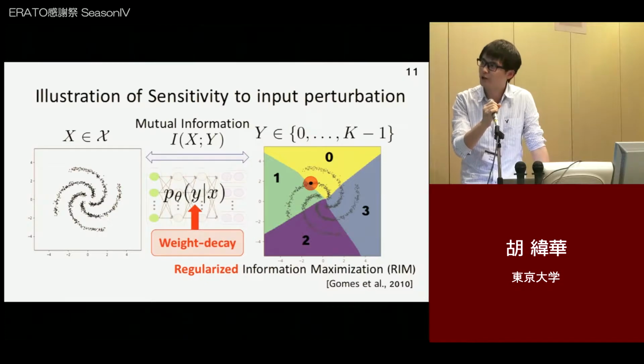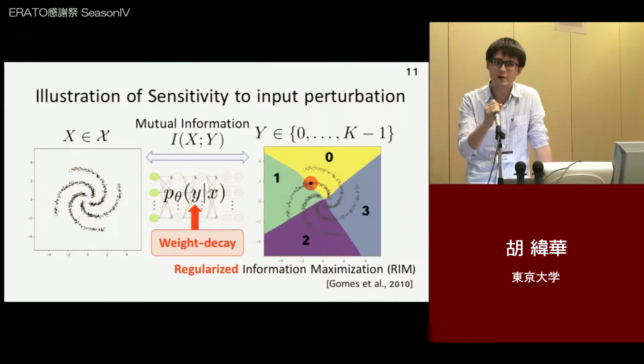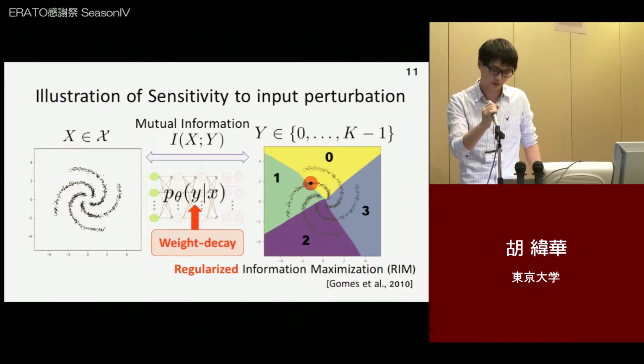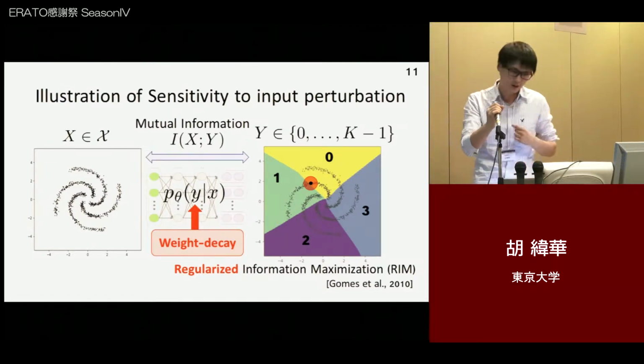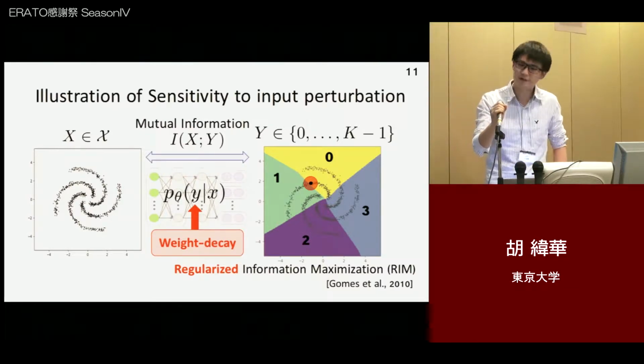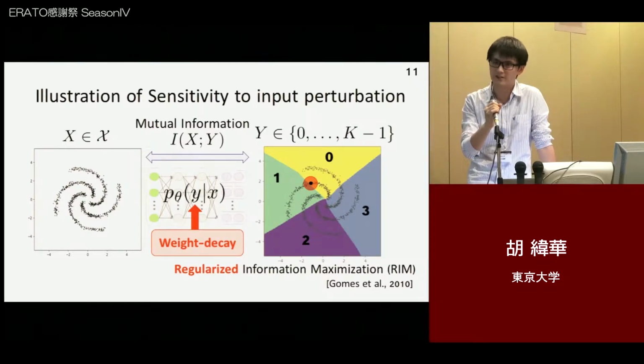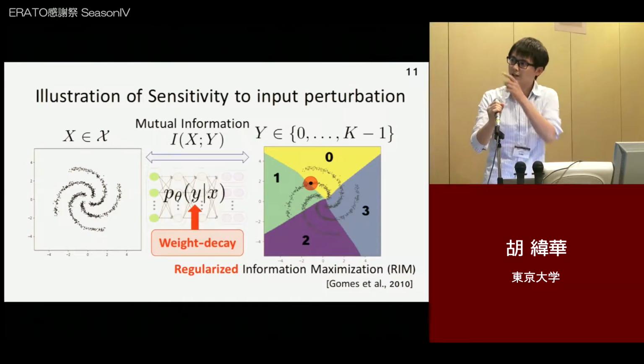And in the original work, the weight decay regularization was used. So it's basically an L2 regularization on the parameters of the neural networks. However, still, we see in the right figure that we are unable to learn the good cluster assignment that really captures the cluster structure of this toy data set.